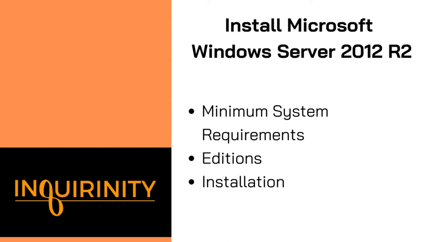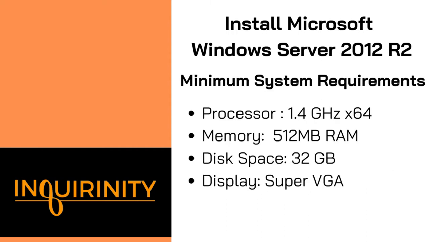Server 2012 R2. At the minimum, you will require a processor of 1.4 gigahertz, 64-bit architecture. You also need 512 MB of RAM, and you will need at least a disk space of 32 GB and a display that supports at least Super VGA.